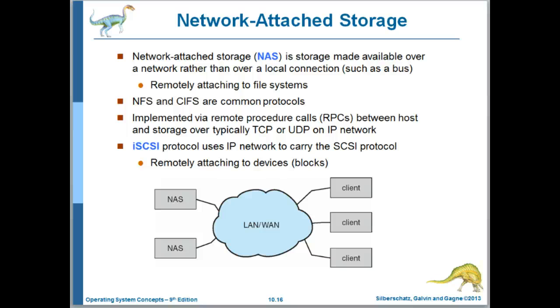But there are applications that use a TCP/IP network in order to provide remote access of data. So these networks are called network attached storage, and CIFS, for example, is a Microsoft protocol that's used to give you access to your network, your G drive in Windows, and in the Linux Unix world, the corresponding protocol is NFS.